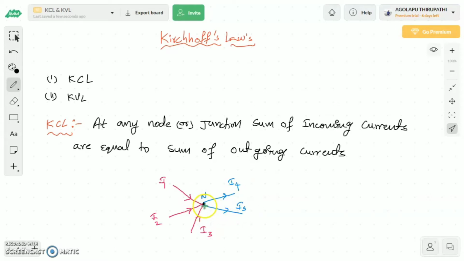What is the KCL statement? According to KCL, at any node or junction, sum of incoming currents are equal to sum of outgoing currents.